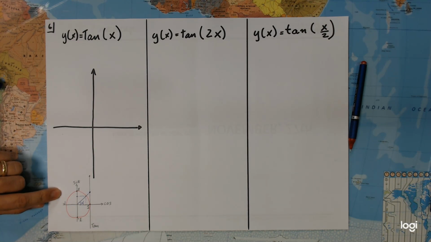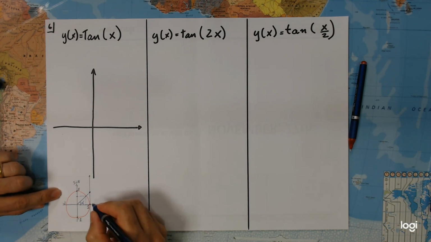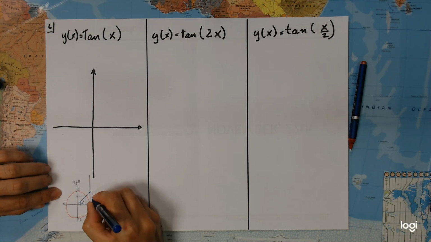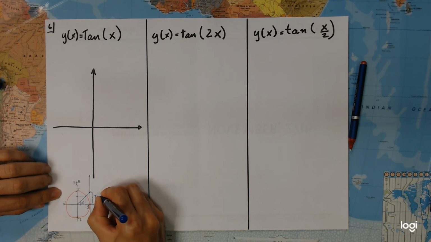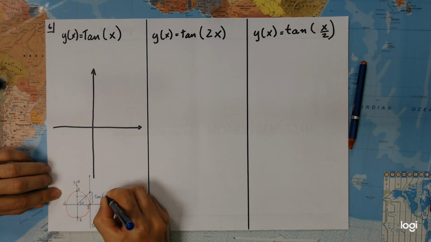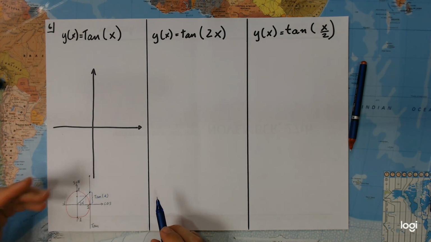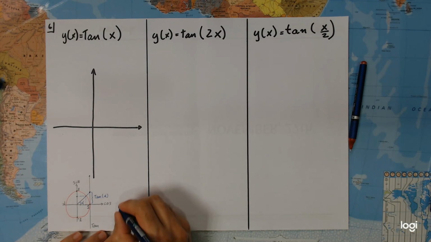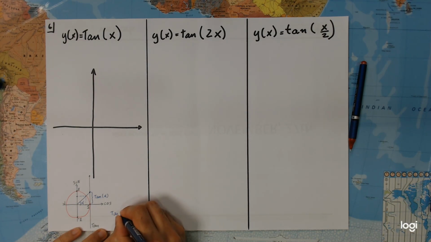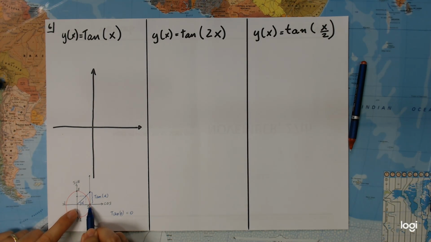This is going to be the tangent. This value, this height, is going to be the tangent of alpha. And that is why when we just increase this, the tangent of 0 is 0, because we are down here.